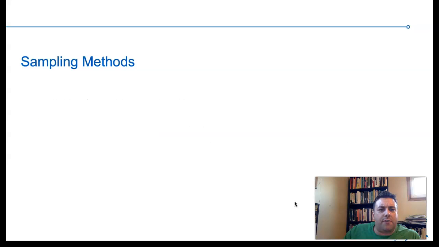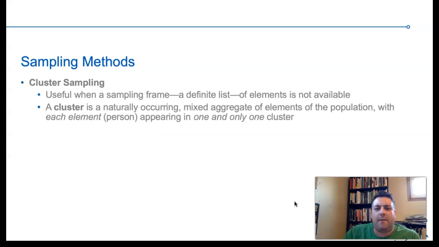So cluster sampling is the last of the probability sampling methods. Cluster sampling is useful when we don't have a definitive sampling frame, and a sampling frame would be that list of every element in the population.